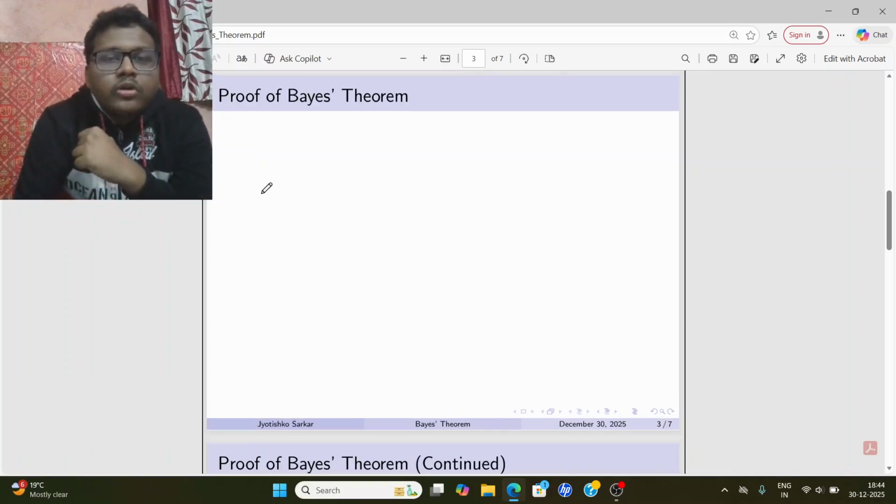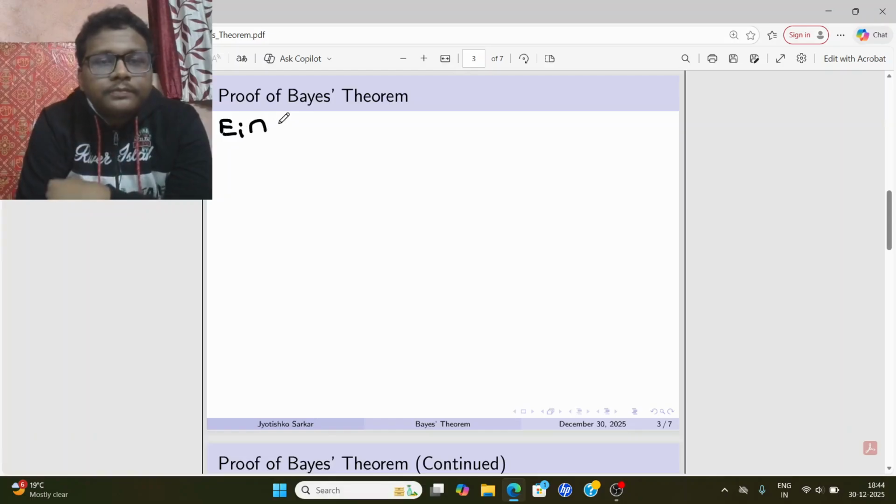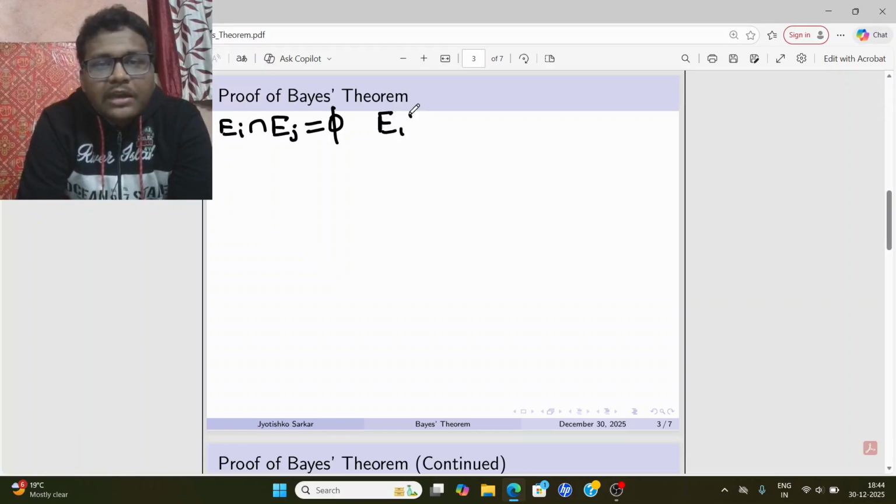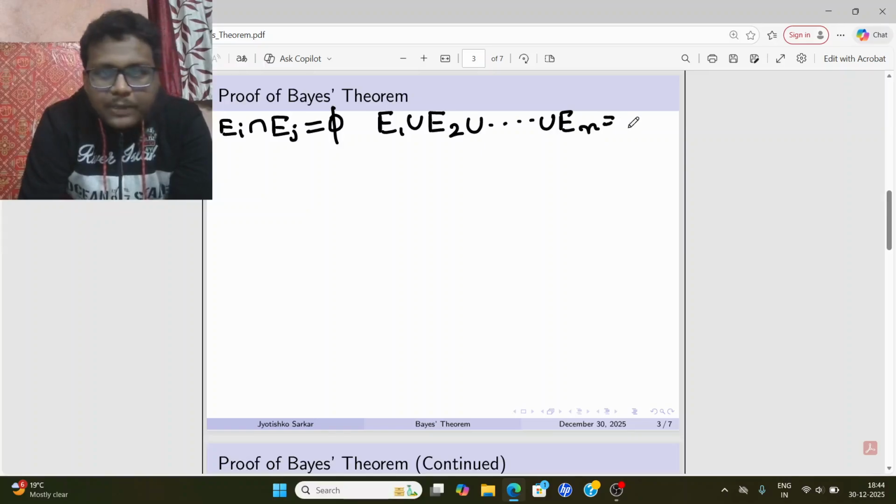Now two conditions are given, that if I take any two events, they are mutually exclusive and they are exhaustive. It means if I take the union of them, then it will give me the sample space.